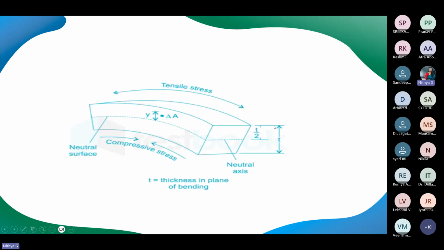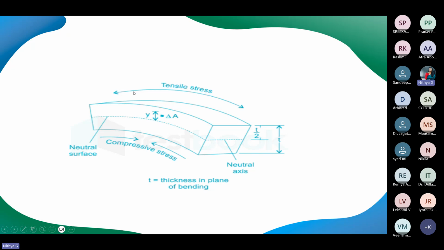So with this knowledge, let's see what happens when one end of the cantilever beam is fixed. The other end is free to move. As I said, there is a stress created across the cantilever beam because of the fixed constraint.